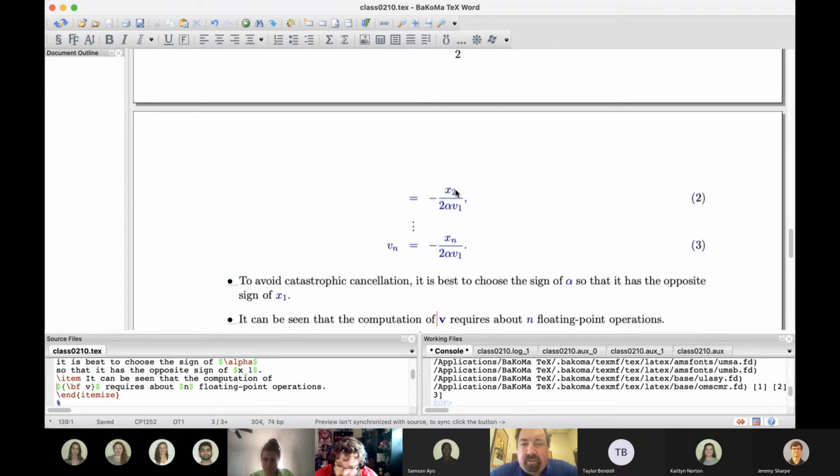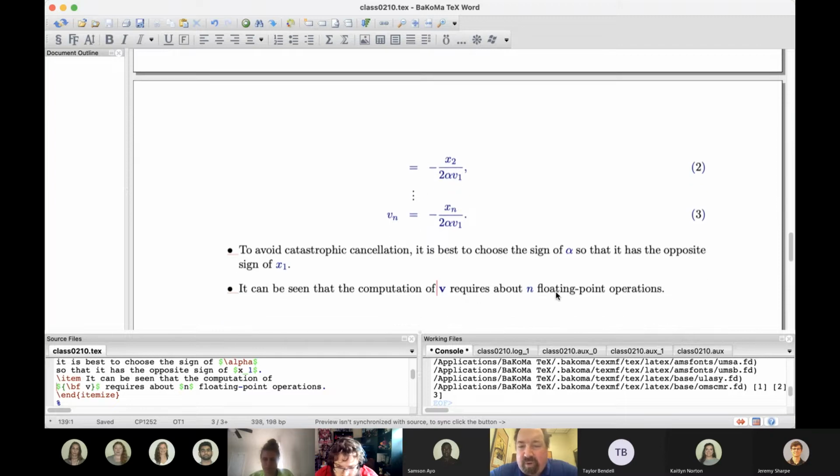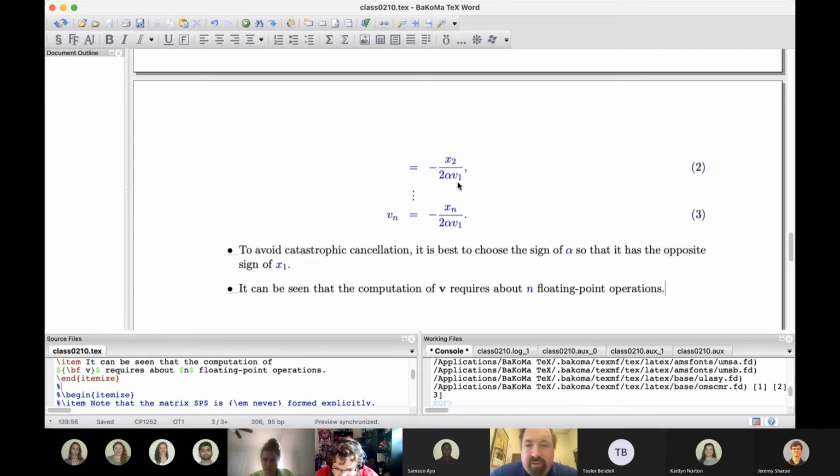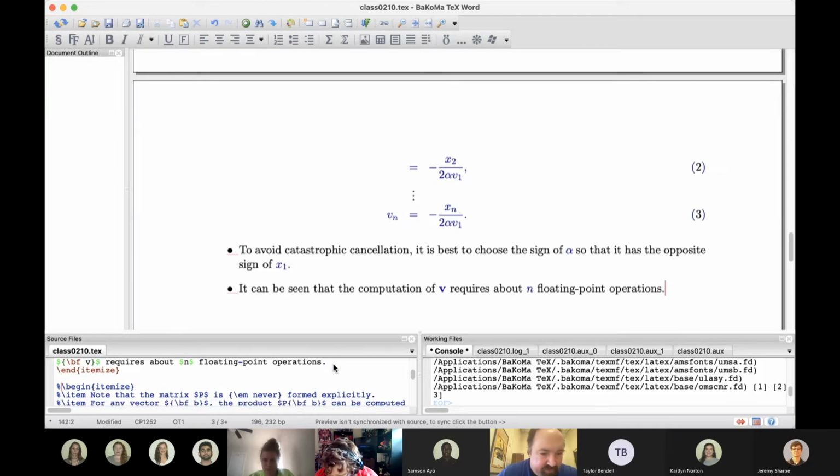That's only 1 floating point operation per component for everyone except the first. That's why I say it's about n. It's slightly more than n, but only a little bit more. And that's why I went through all this trouble to do these simplifications, to cut down the number of operations, especially square roots.